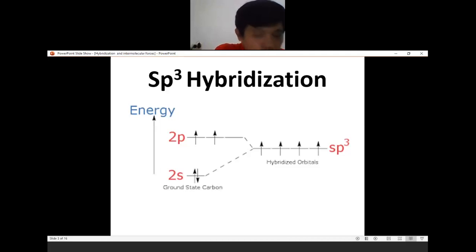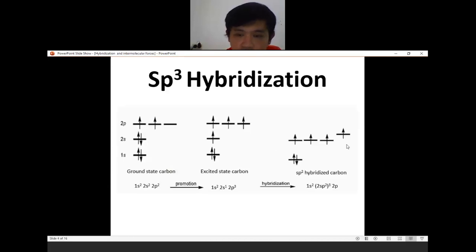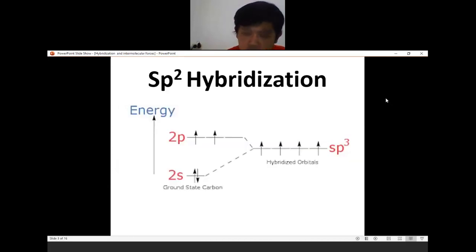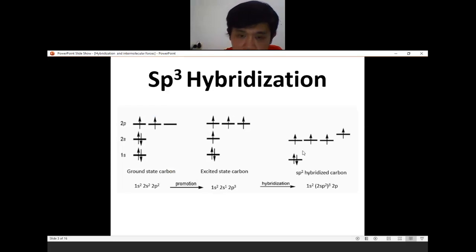It will form an sp3, counted from the outermost shell of electrons. This is 2s, 2px, 2py, 2pz. Because there are three p orbitals and one s, it is called sp3.